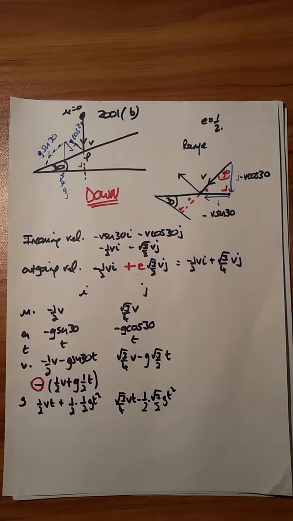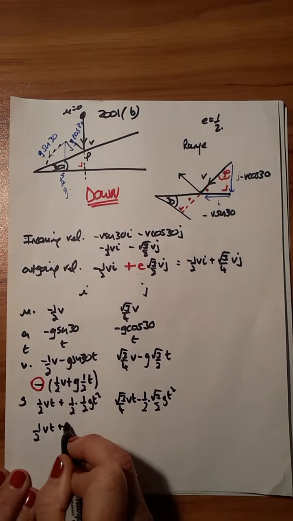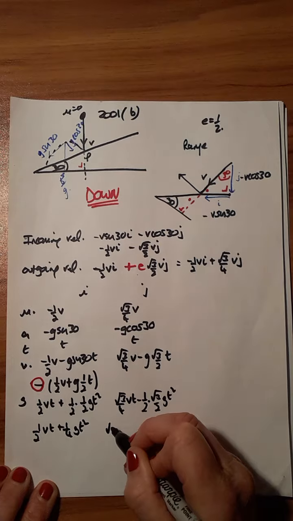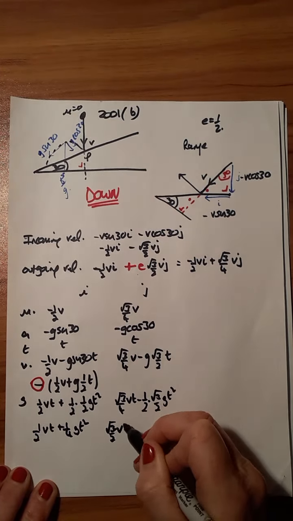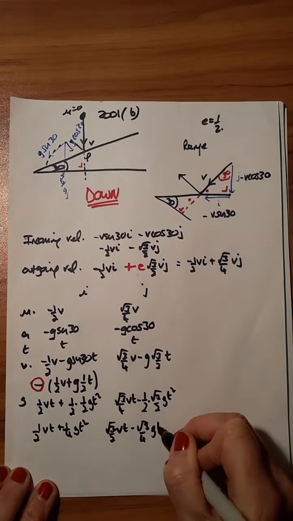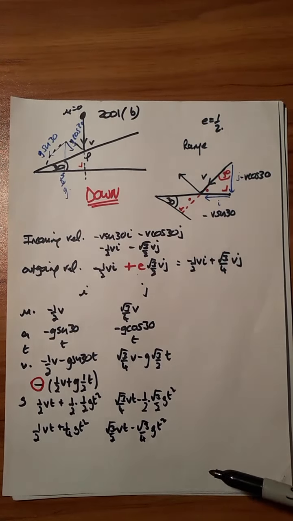So my s, the i, is a half vt plus a quarter g t squared, and this will be root 3 over 4 vt minus root 3 over 4 g t squared. Okay, so I have all my information on the table.